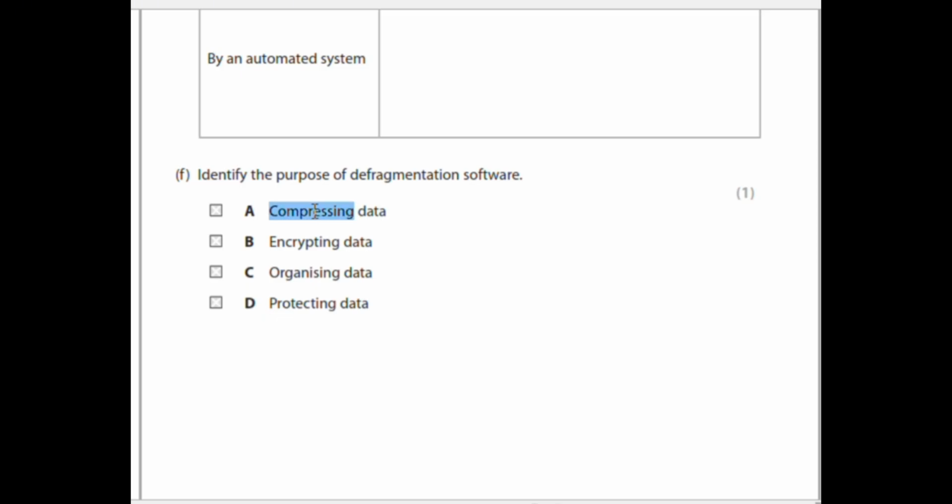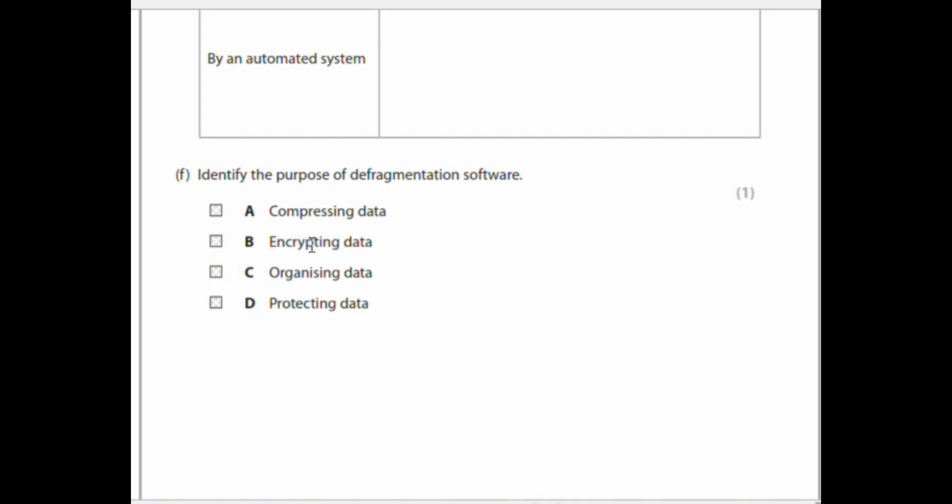That is disk defragmentation. We also have disk compression, and this is a software that is used to compress files. I hope you understand what compression is, so that they occupy less space.